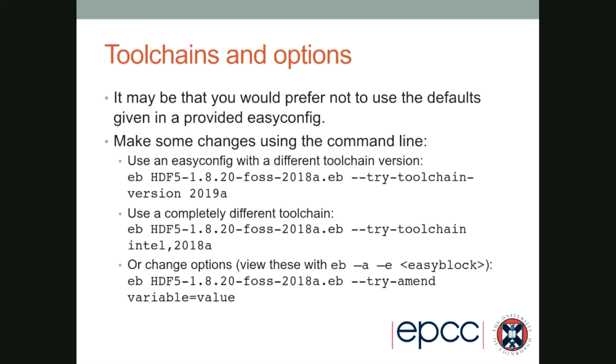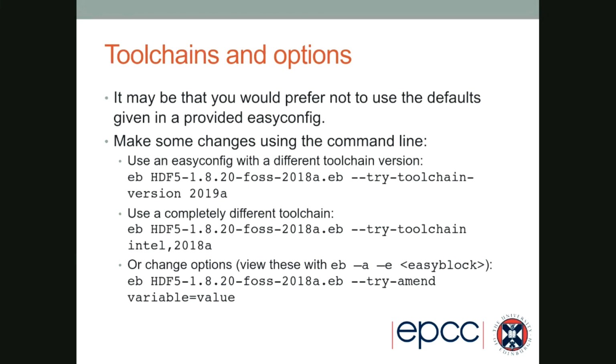So it may be that you're perfectly happy using the defaults. It may be that you would prefer to customize things a little. So what you can do, you can make some changes in the command line when performing a build and install.